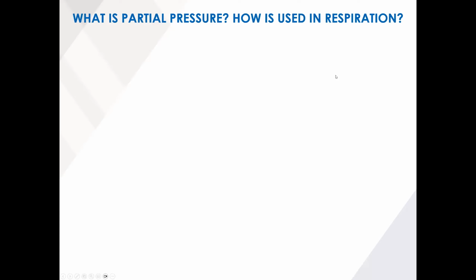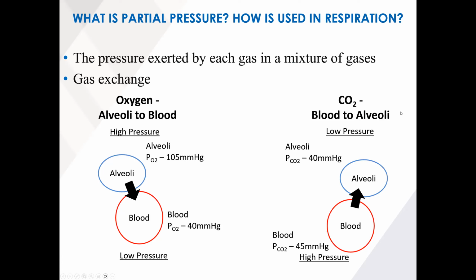All right. What is partial pressure? Yeah, so partial pressure is the pressure of an individual gas in a mixture, right? And that's important because when we think about in the lungs, are carbon dioxide and oxygen going the same direction? No, right? They are definitely not.